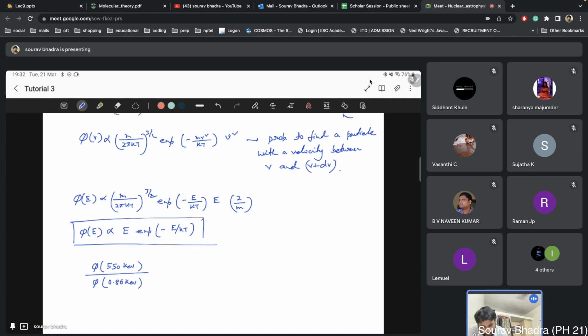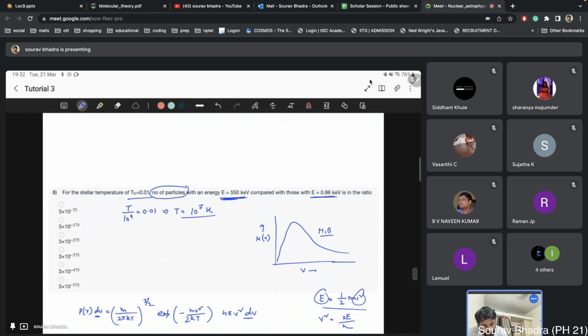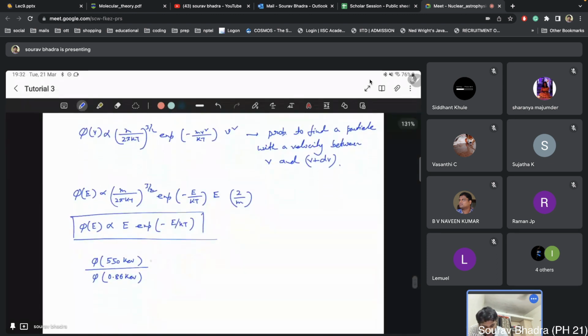These values I have taken from here. So it is E for 550 keV times exponential of minus 550 keV divided by kT.